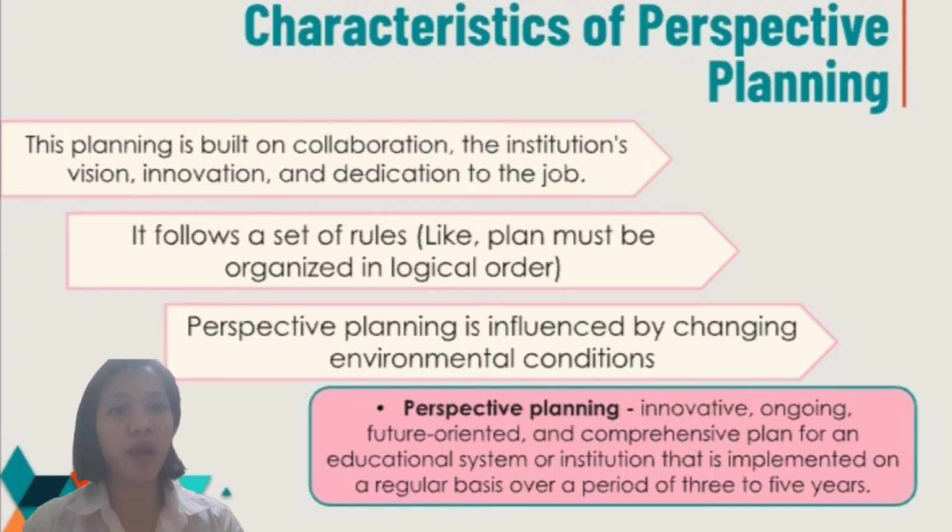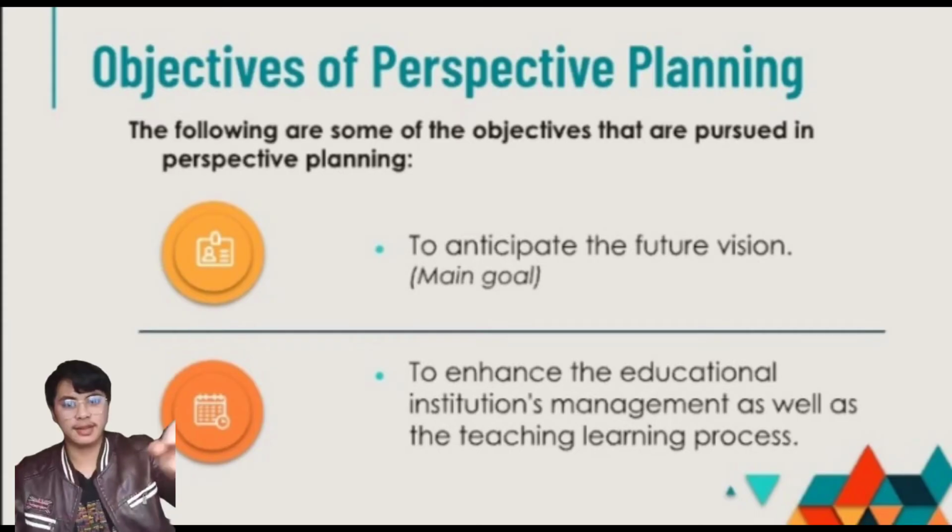Those are the 7 characteristics of perspective planning. With that, we can also define perspective planning as an ongoing, future-oriented, innovative, and comprehensive plan for an educational system or institution that is implemented on a regular basis over a period of 3 to 5 years.